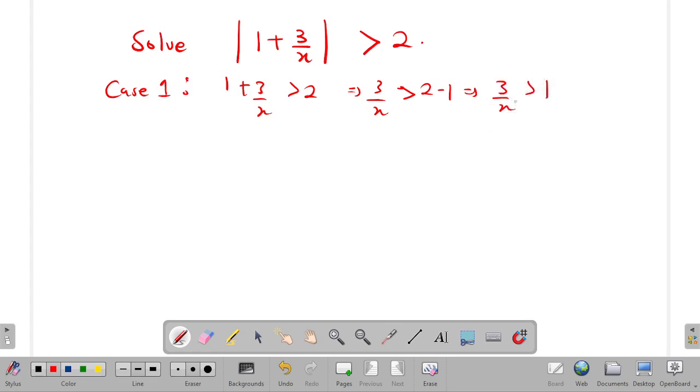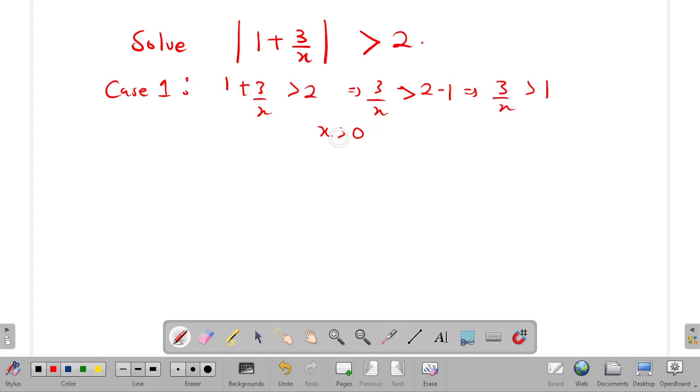At this case, we are going to have one solution for this expression to be valid. If you have 3 over x is greater than 1, then it means that x here is supposed to be something greater than 0, right? So you're going to have x is greater than 0 to be our first solution.